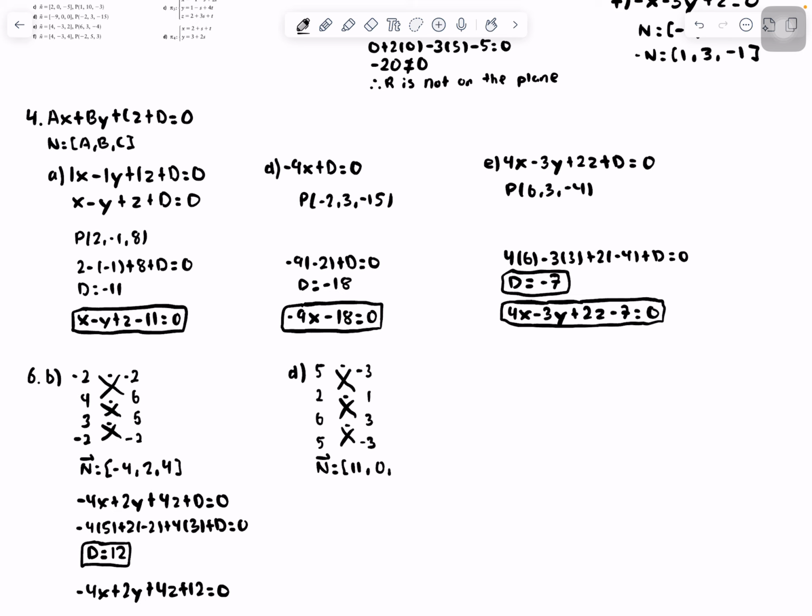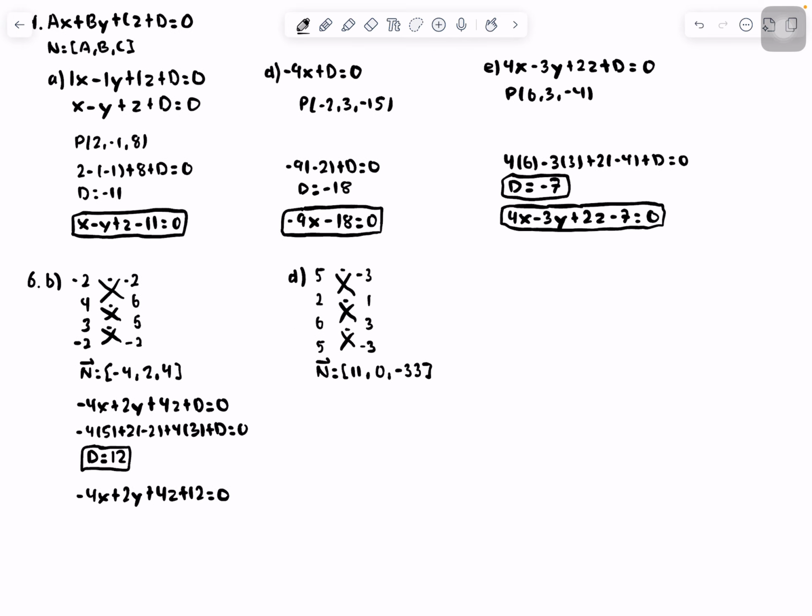So 6 times 3 minus 3 times 5, minus 33. Okay? So then the scalar equation we get with the D parameter involved is 11x, no y, minus 33z plus D equals 0.